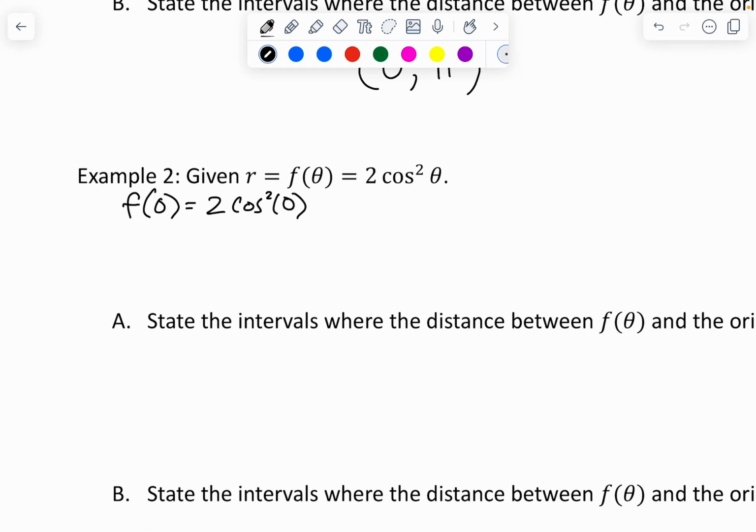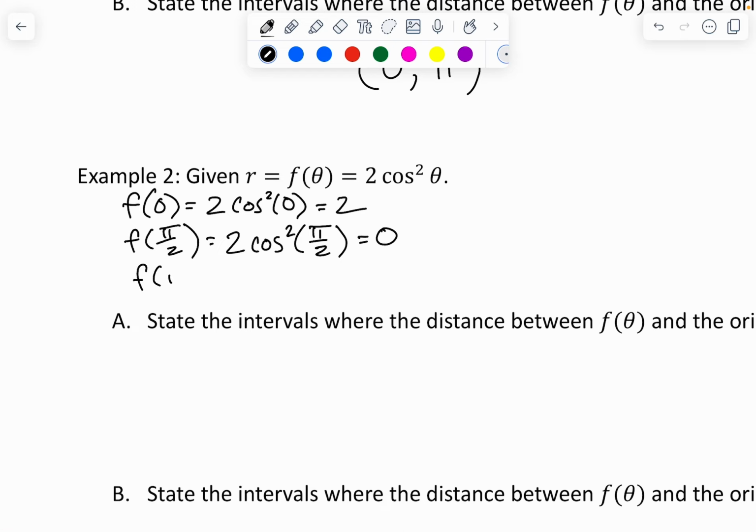Cosine of 0 is 1, 1 squared is still 1, and multiply that by 2 and we're at 2. The smallest value that we'll ever get would be at pi over 2. So we have 2 times cosine squared of pi over 2. Cosine of pi over 2 is 0, 0 squared is 0, multiply it times 2, we're still at 0.